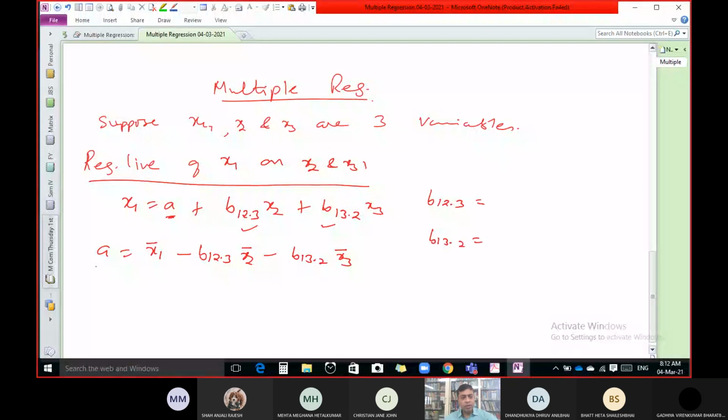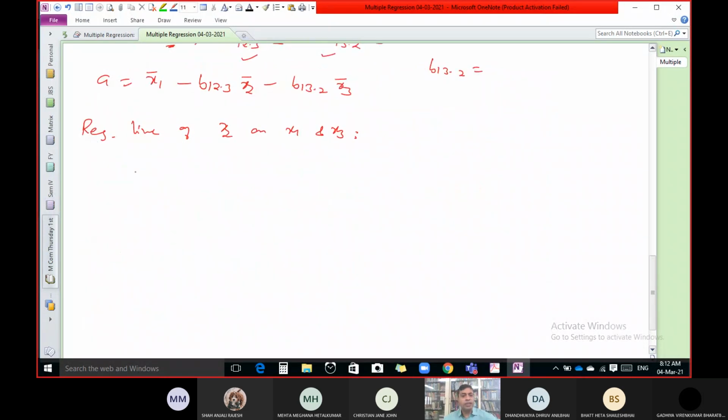Similarly, the regression line of x2 on x1 and x3 is the same as the previous one, but here you write x2 equals a plus b x1 plus b x3, where the b's are denoted by b21.3 and b23.1.